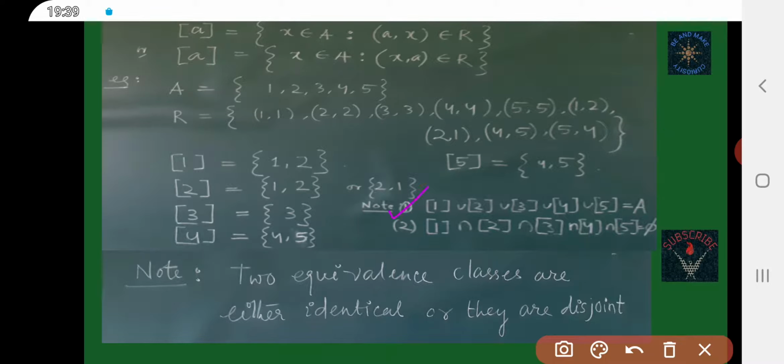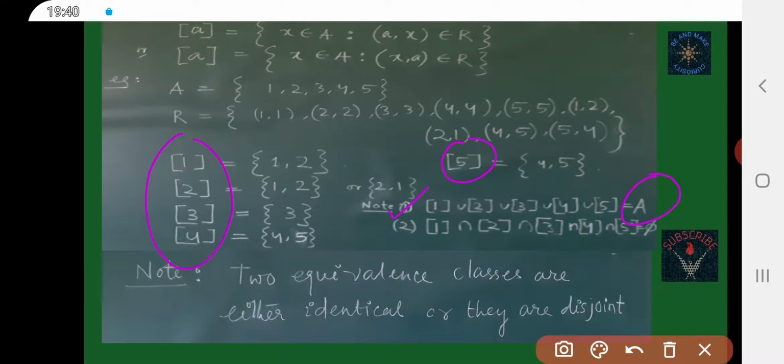Here you see, if you take the union of all these equivalence classes, okay, then you get a set.